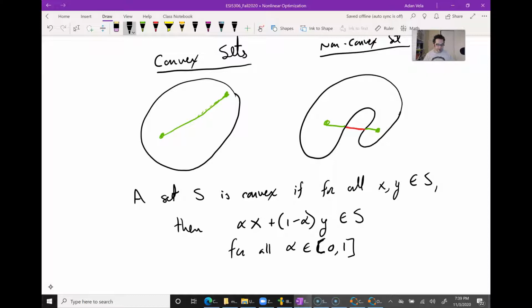And that's basically the math equivalent of what I just described. You pick any 2 points, you draw a line connecting them, that line has to be within the set.